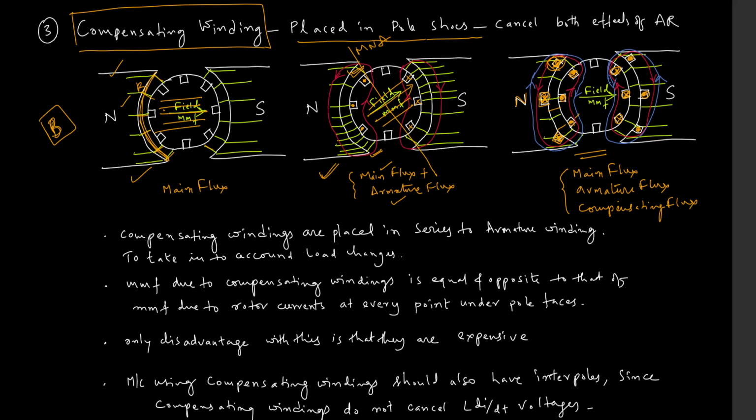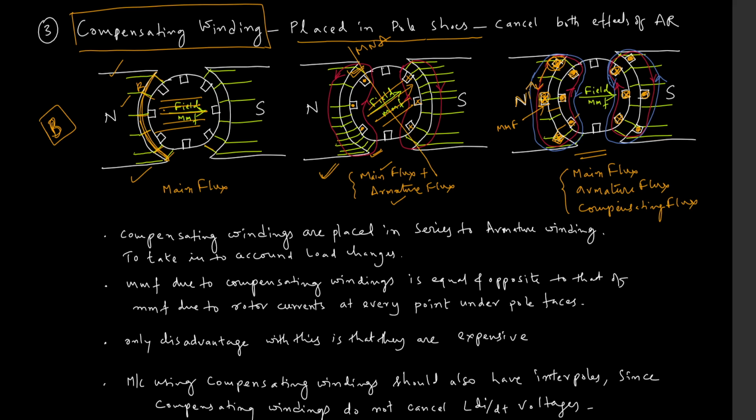Now what happens is the flux due to these compensating windings tries to oppose the flux due to the armature field. This red flux is due to the armature currents, and the blue field is due to the compensating windings. If we adjust the MMF of the compensating windings, then we can totally eliminate the armature reaction from the machine.